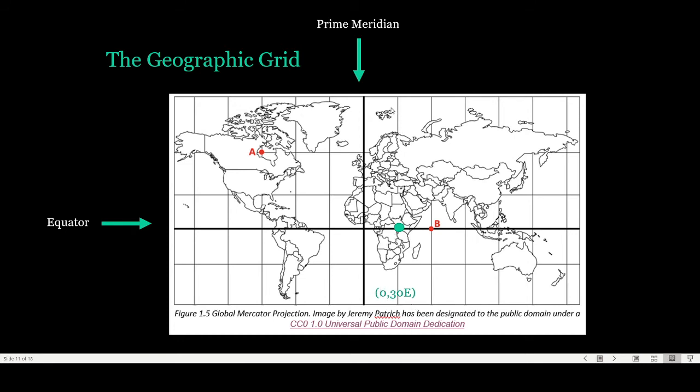Next, it's found on this line of the meridian. So that's 30 degrees, and it's east because it's to the right of the prime meridian. So 30 degrees east. So you guys will be finding the coordinates for A and B.